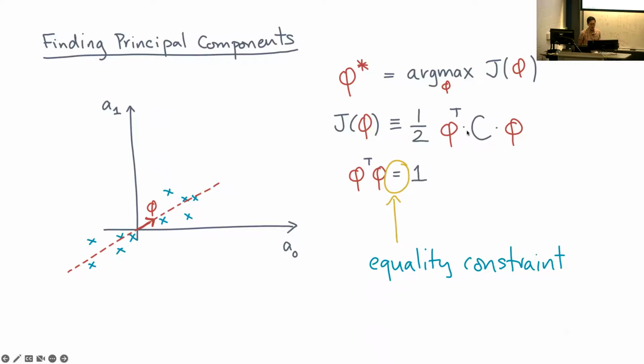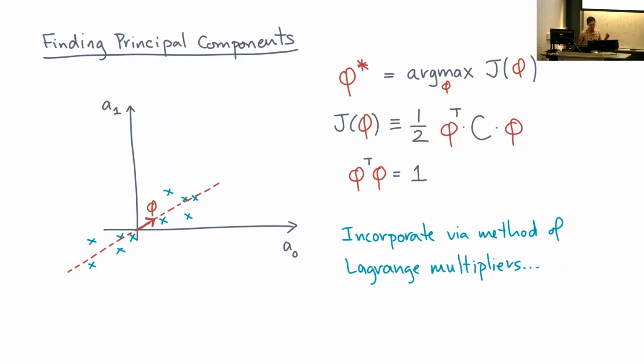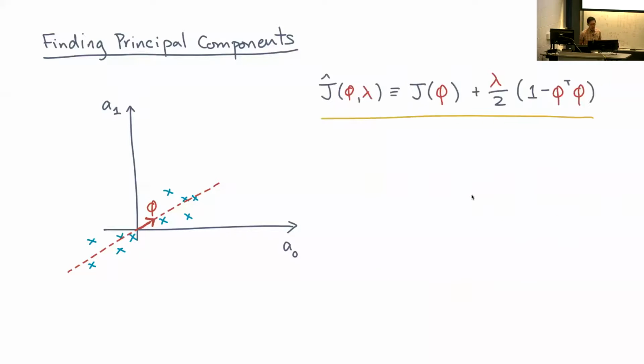If I want to solve this optimization problem with an equality constraint, there is a trick that you may have seen in an optimization class, which is called the method of Lagrange multipliers. Basically, instead of maximizing this original function, we will maximize a surrogate. And this surrogate will have extra parameters, with one parameter per equality constraint.